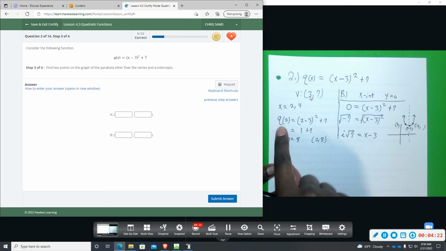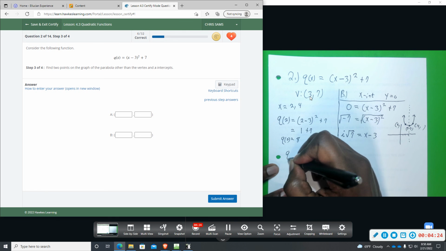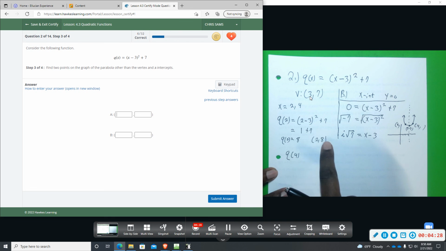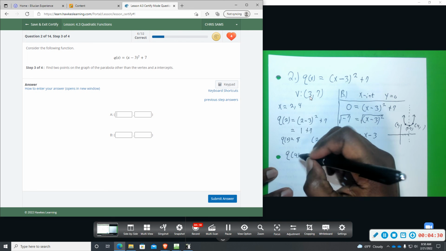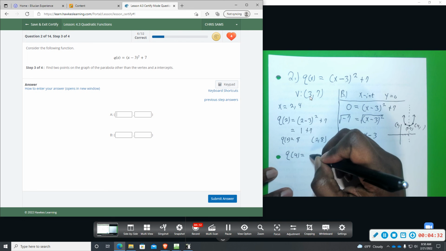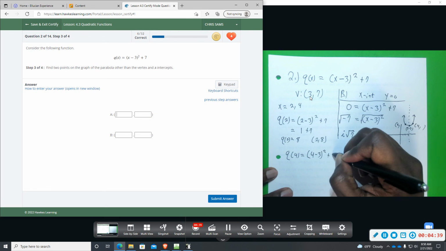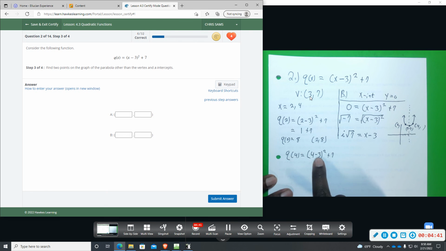So I'm going to plug in 4 now, and so what I was trying to explain is that when you plug in the 4, you're going to get the same y value. So we should get the ordered pair 4, 8, but let's verify it. So we get, open parentheses, 4 minus 3 squared plus 7. So 4 minus 3 is a positive 1.